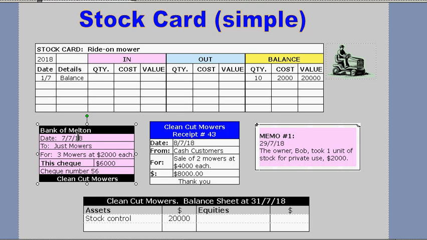This first transaction down here is the business buying 3 mowers at $2,000 each. We're not including GST in this transaction. So let's record it.